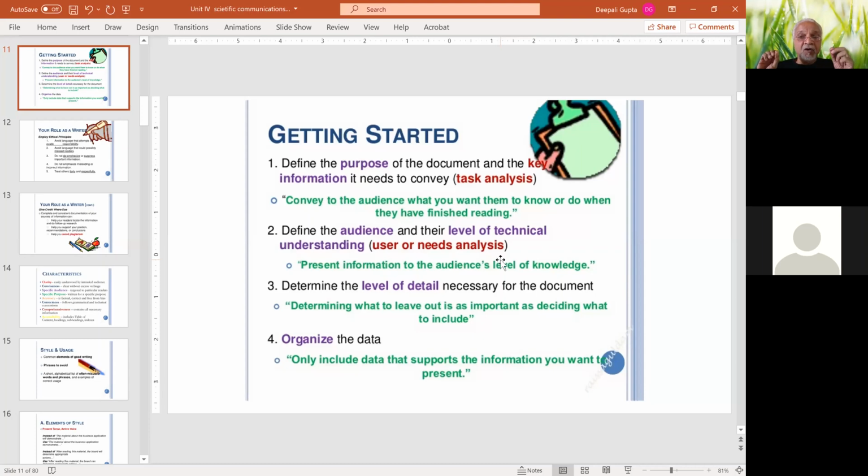Second is the audience, whether it is a technical audience or non-technical audience, and you have to decide which group of audience you are trying to target. Then the kind of details you want to give in the document should be very clearly in your mind. And then you should organize the data, the kind of detail you want to give. So these four things you should have very clearly at hand.